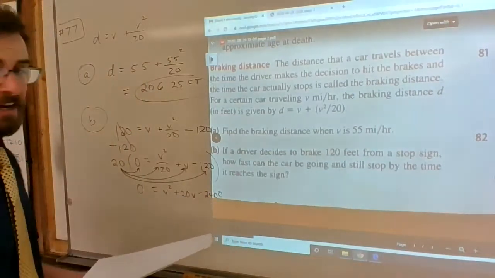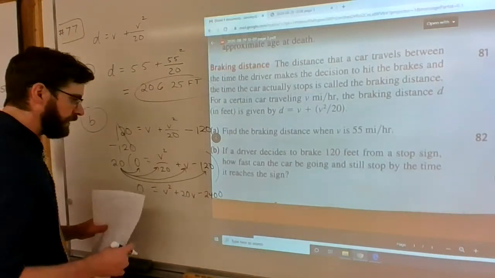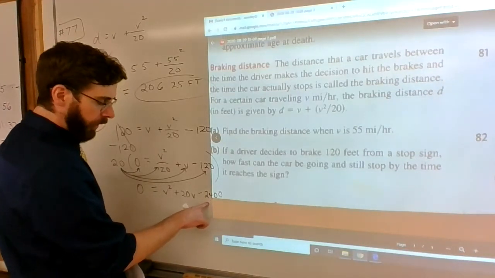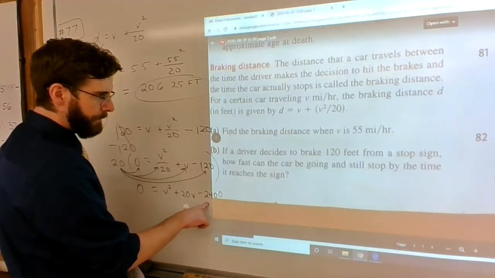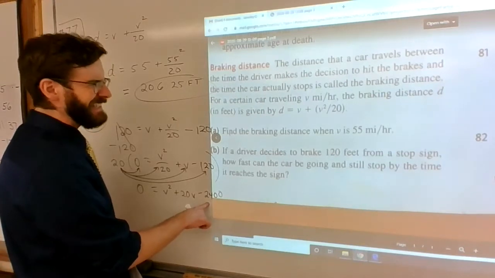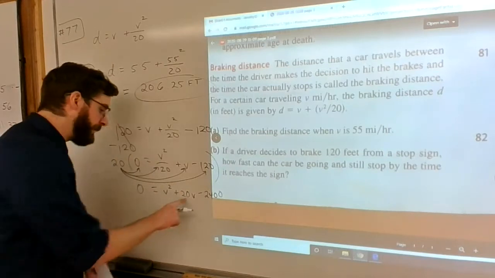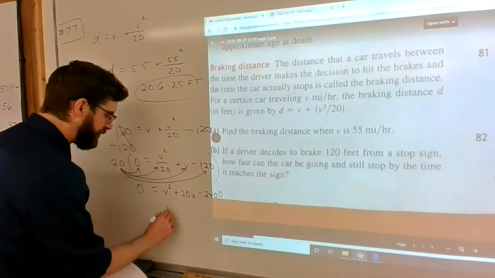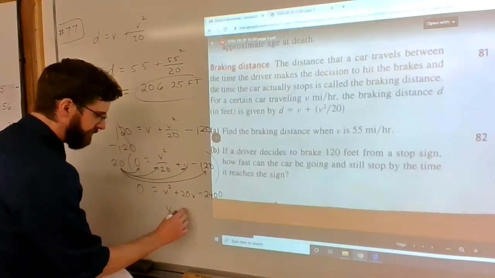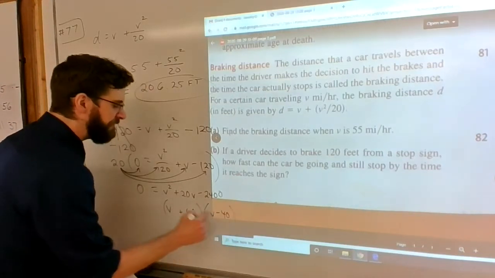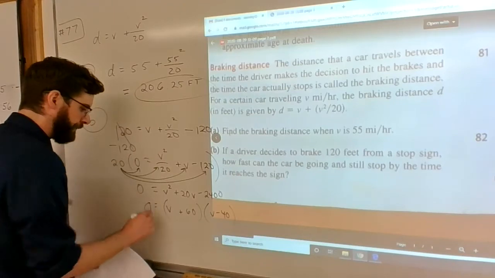Now I believe it's factorable. 60 times 40 is 2400. The difference between 60 and 40 is 20. So it should be factorable in this way. V plus 60, V minus 40 factors this polynomial.